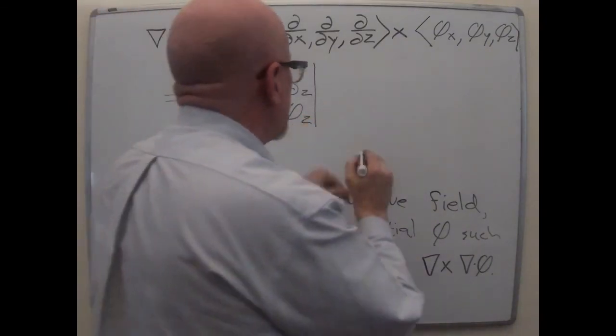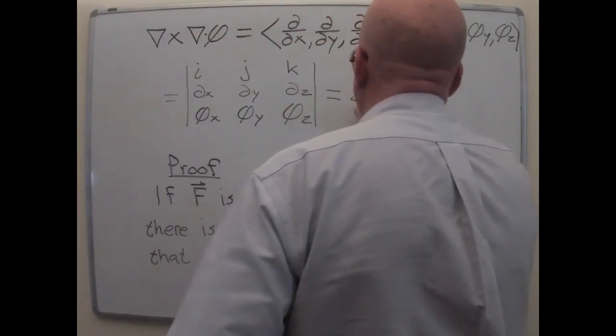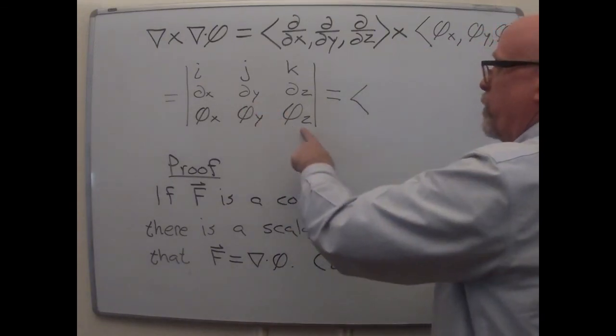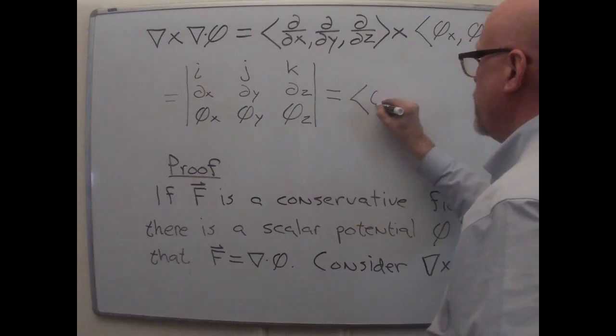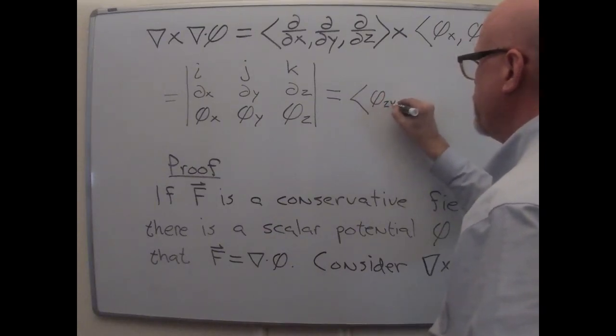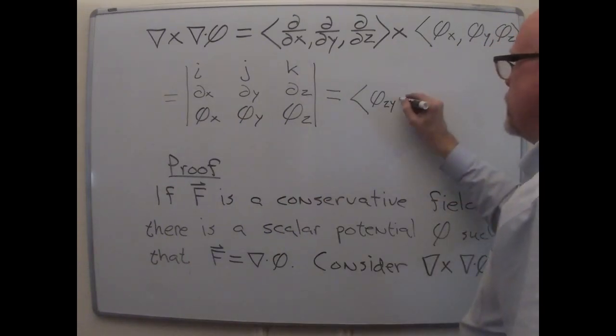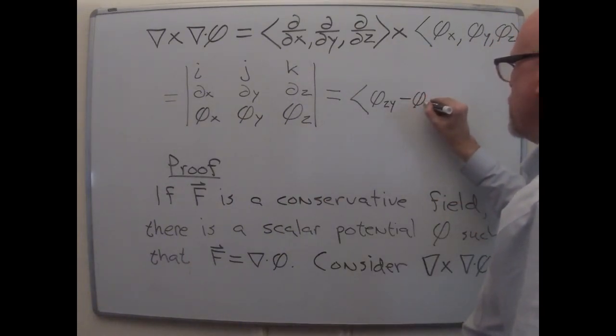Maybe I can write that just next to it. What do you get in the x coordinate? That'll be the y partial of phi sub z. That is phi sub zy. Minus the z partial of phi sub y. That is phi sub yz.